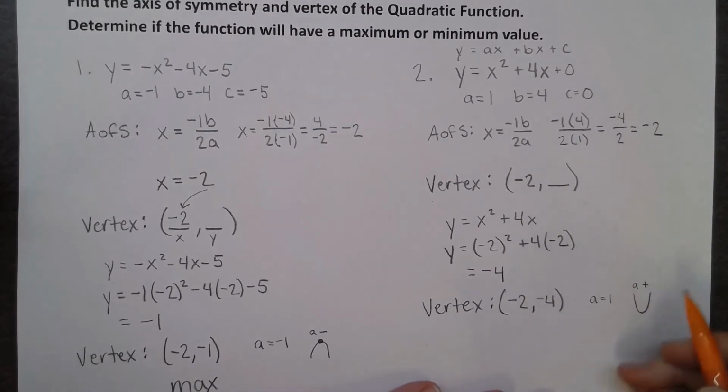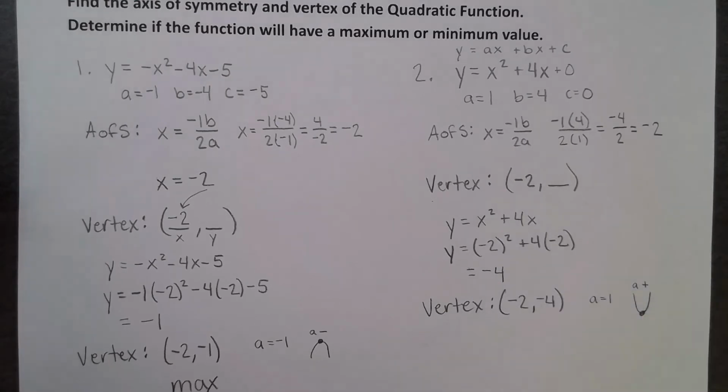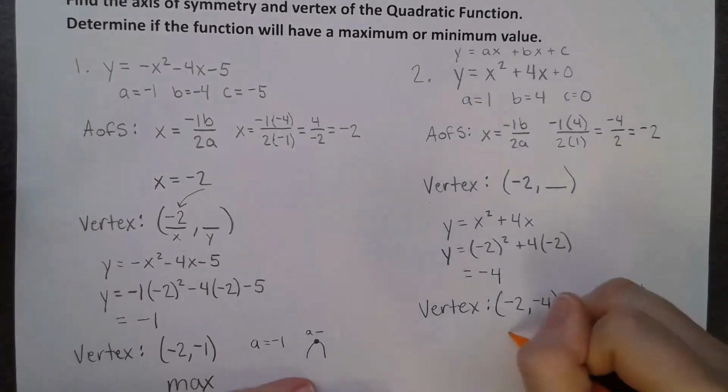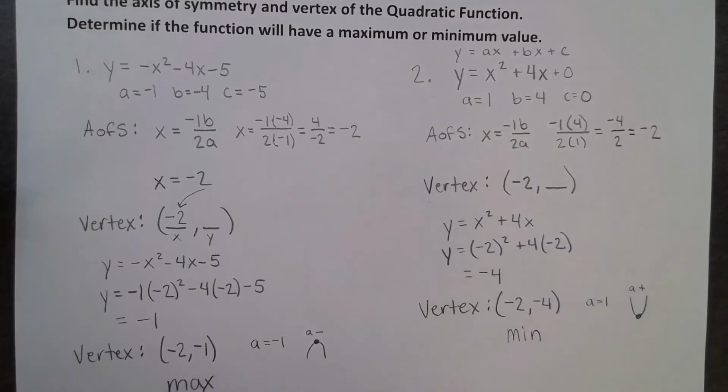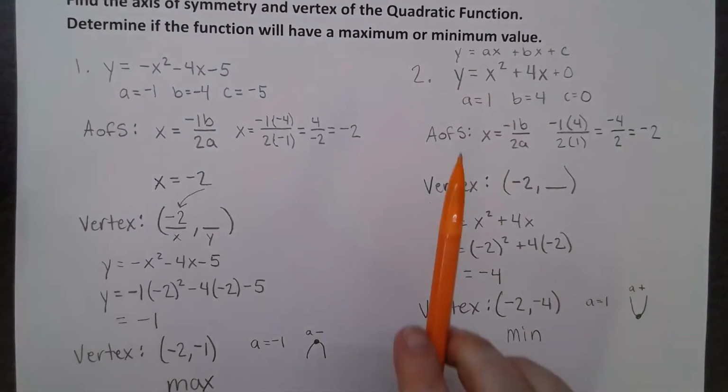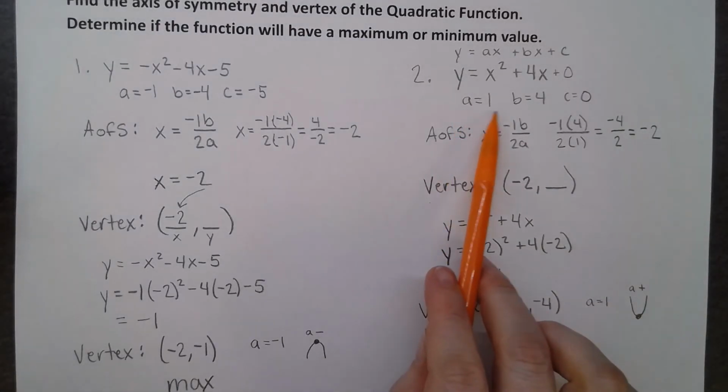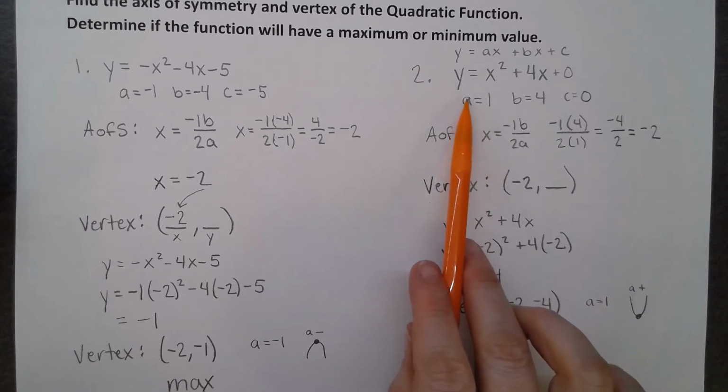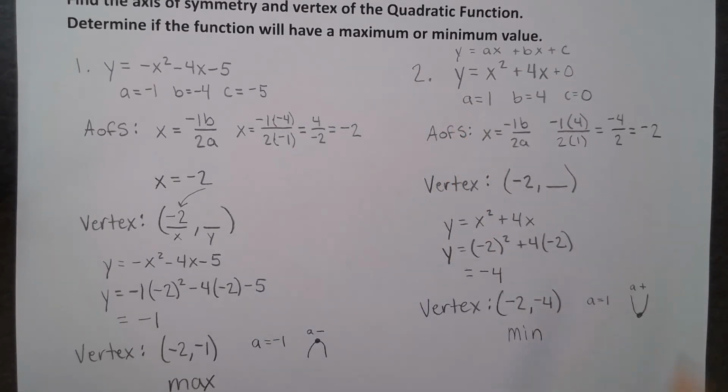Because our A is positive, our vertex will be the lowest point on the graph, so it's going to be a minimum. Every time that our A is positive, that is going to make us have a minimum vertex point.